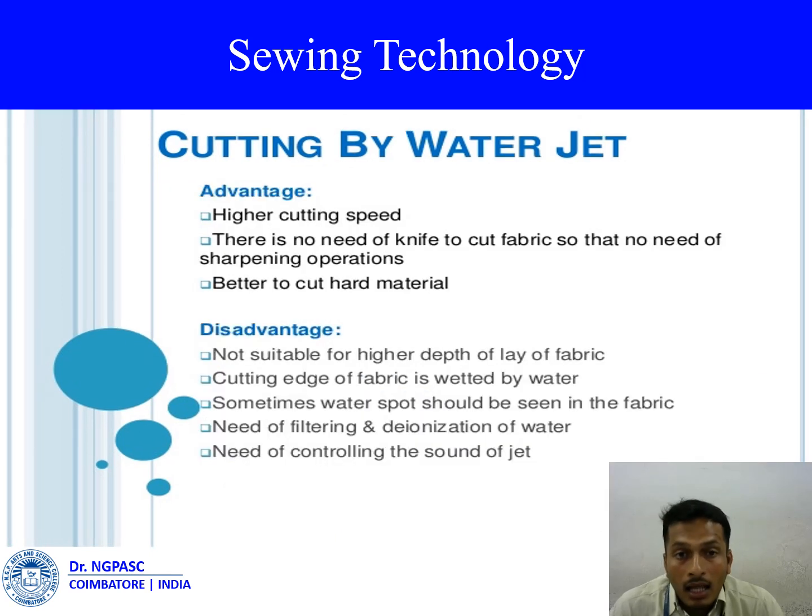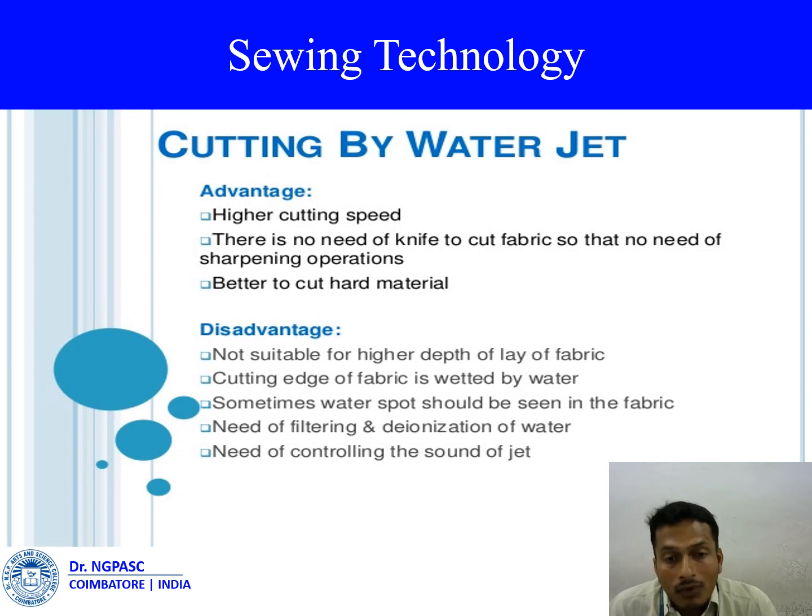Next one is advantages and disadvantages of water jet. Higher cutting speed. There is no need for a knife to cut fabric, so no need for sharpening operations. Better for cutting hard materials also. It is suitable for hard materials like leather and denim, whatever it is.